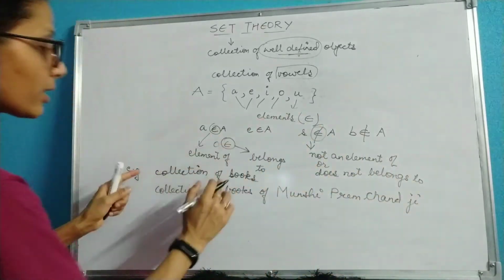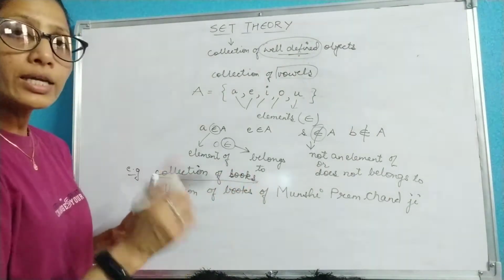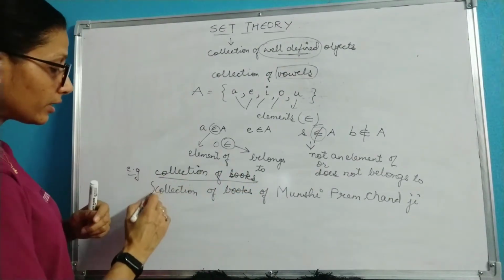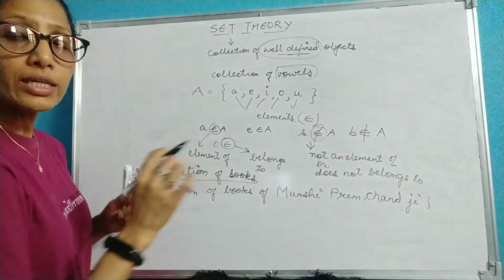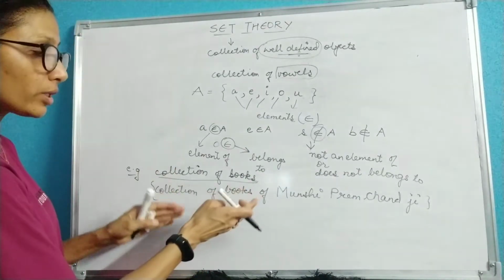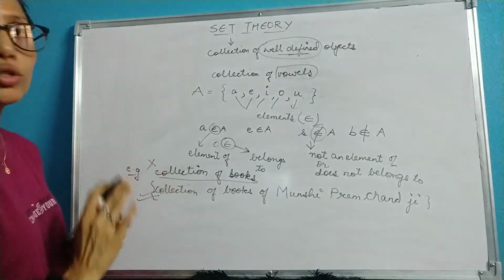Now see, in the first case I have just written collection of books. Here I can pick books of any author, but here I have specified that I want the books of only Munshi Premchandji. So here it is well defined. That's why this is your set and this is not your set.